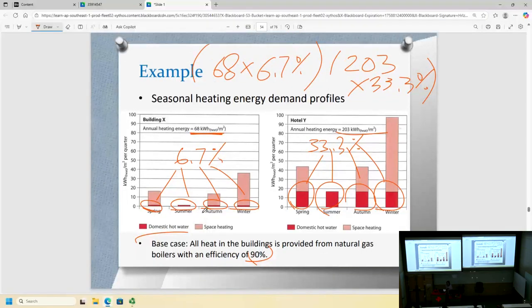So for building X, the annual heating, including water and space heating, is this value. And we multiply by 6.7%, which is the share for the hot water. And the unit will be kilowatt hour per square meter. So if we multiply by the area, then we have the domestic hot water demand. And similarly for hotel Y, we also multiply by the area, then we have the hot water demand.